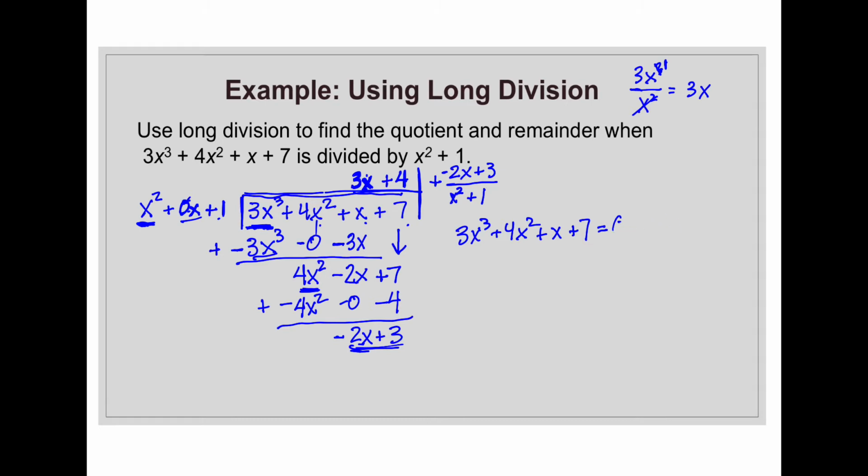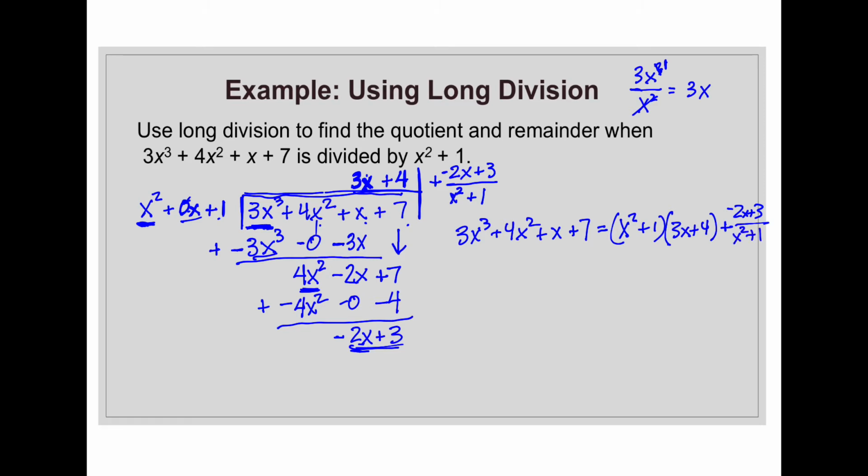That's okay. So our result, or the product, x squared plus 1, right? That's my divisor there. Multiplied by 3x plus 4, this was my quotient, plus negative 2x plus 3 over x squared plus 1.